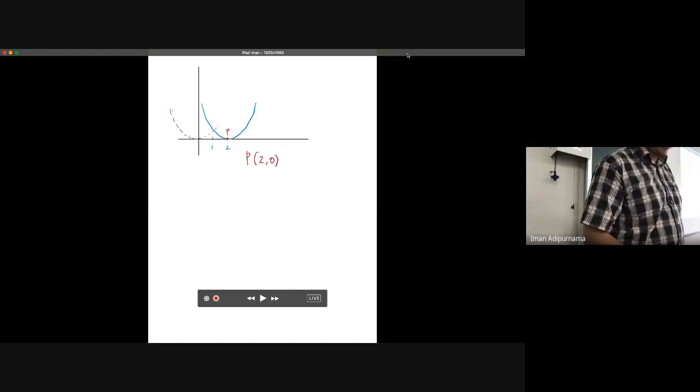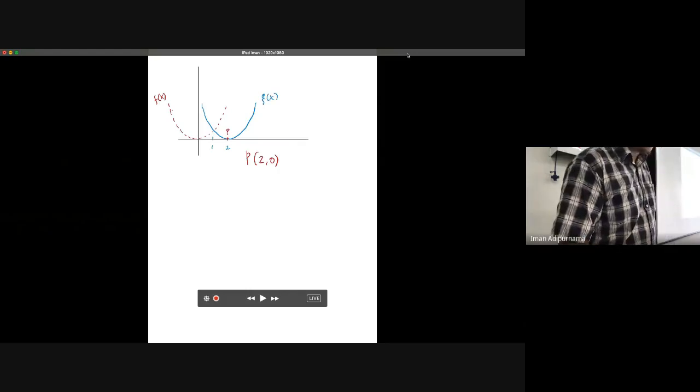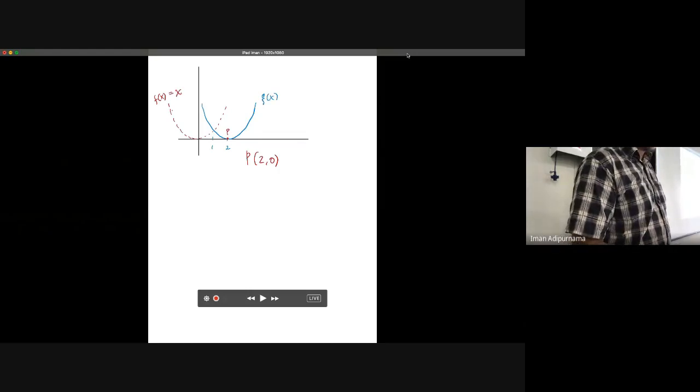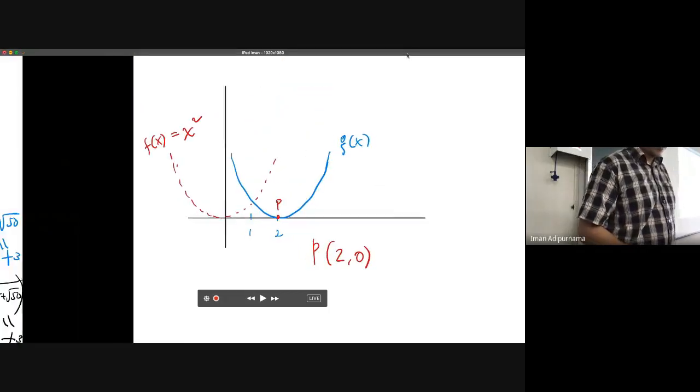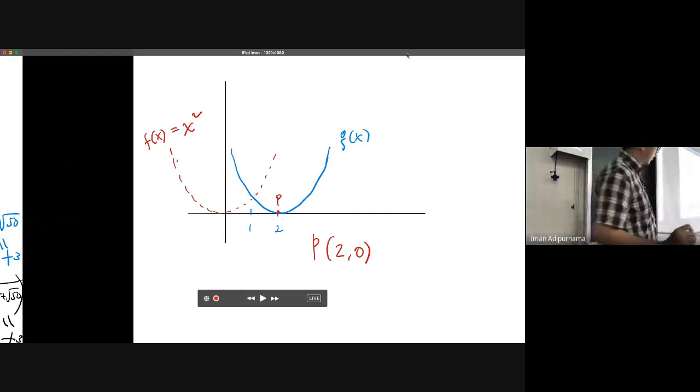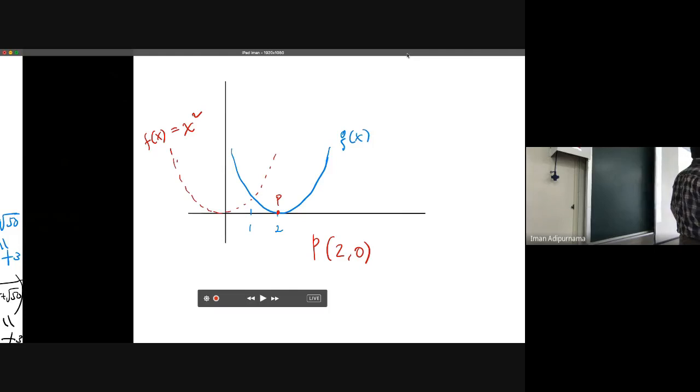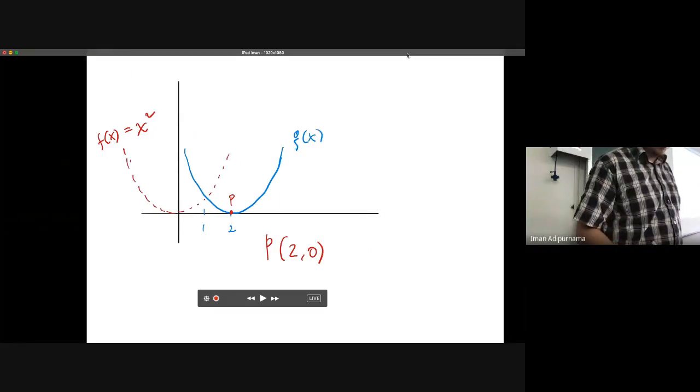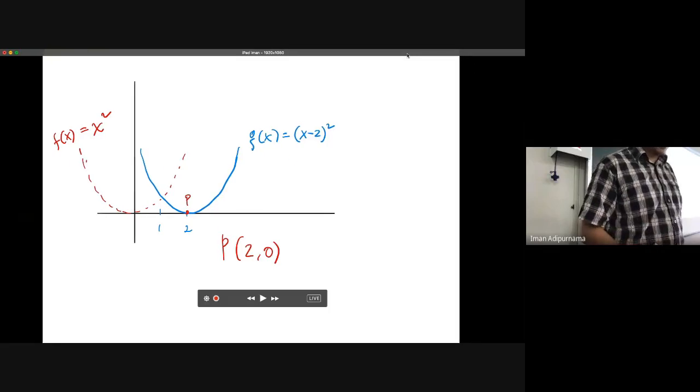If the dashed red one is, let's say, f of x, and this is g of x. If the red one is x squared, what is g? It is x minus 2, squared. So this is (x minus 2) squared, or I can rewrite this as my expansion.